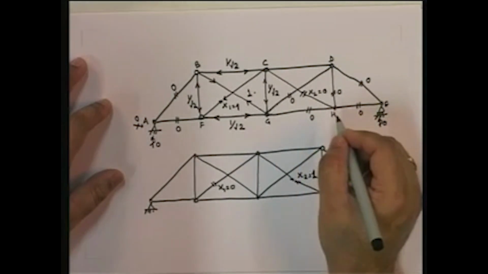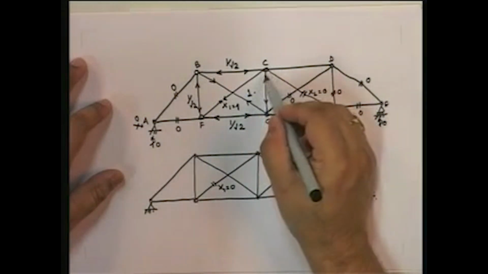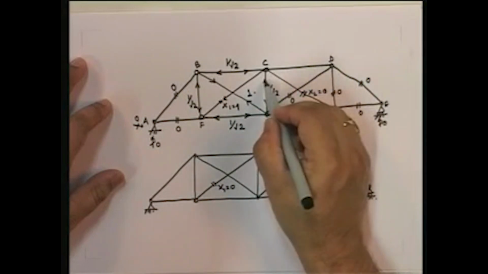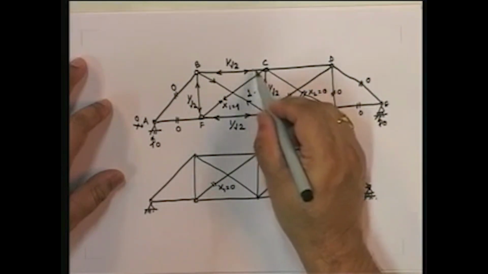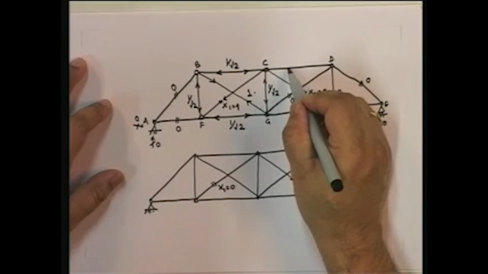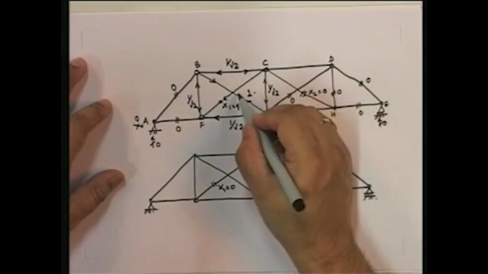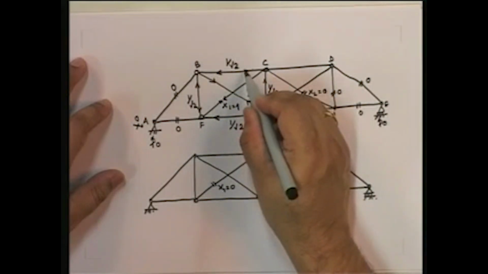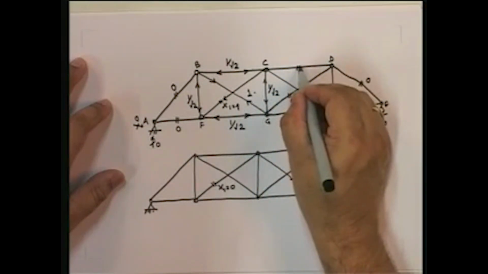So therefore, and now let's come to this point. Okay. If we come to this point, I know this force, I know this force, I know this force, I know this force, so I just need to check whether this will come out. So what will this be? The horizontal component. If I take the horizontal component of this, I get minus 1 upon root 2, so this becomes equal to 0.